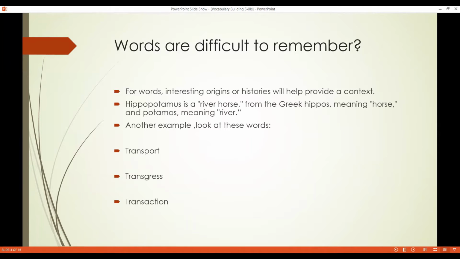Why are words difficult to remember? Words have interesting origins. If we look at the word hippopotamus, it is a river horse, from the Greek hippos, meaning horse, and potamus, meaning river. Taking another example, look at the words transport, transgress, and transaction.